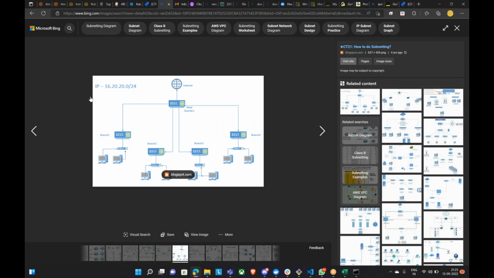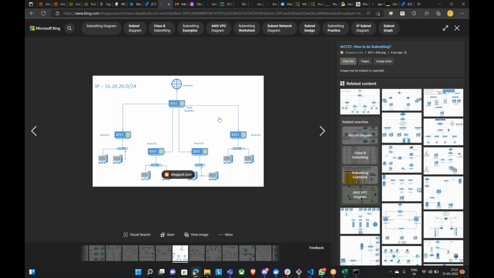As you can see, this is also a very good example. This is one big organization. Which class does this belong to? It belongs to class A, correct? Class A means about 1 crore 67 lakh IP addresses.